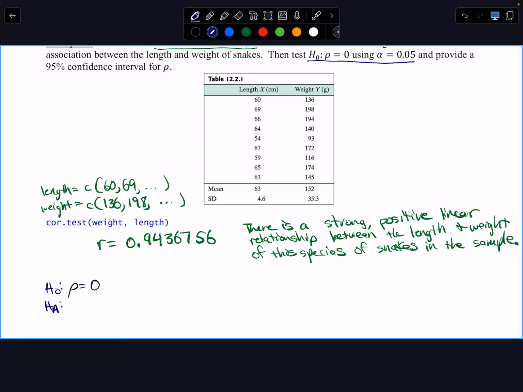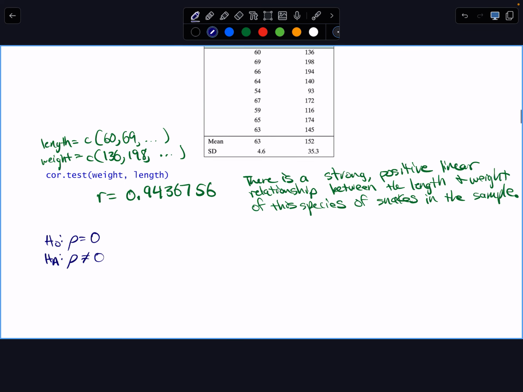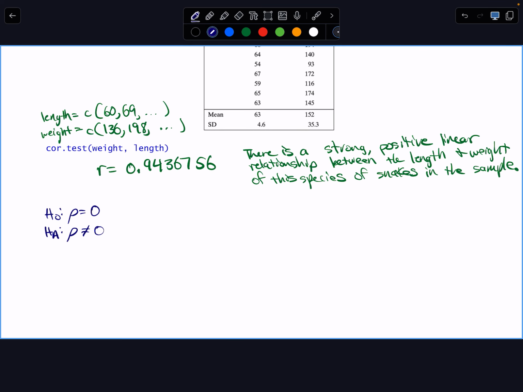My alternative hypothesis, it doesn't say anything about directionality. And so I'm going to have rho not equal to 0. And I need my p-value to draw conclusions here. My p-value is given in that same output. So I'm going to go back to RStudio and get my p-value.